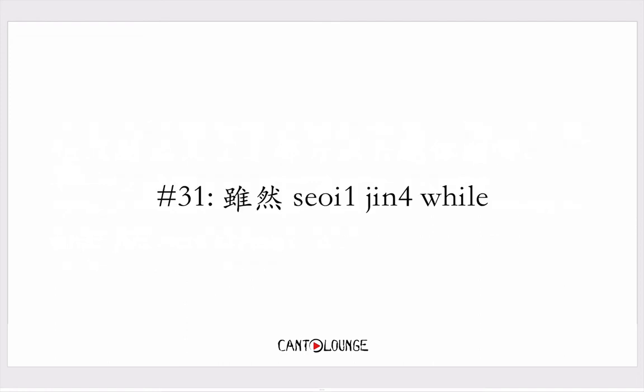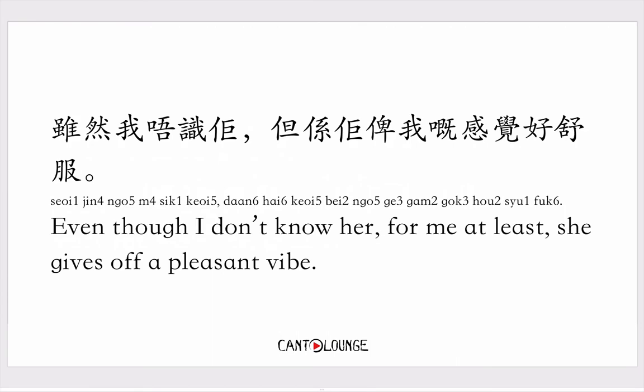Okay. Moving on. 雖然 while. So you might be commenting to a friend that, I don't know, maybe you met someone new and you're commenting 雖然我唔識佢, so it might be your first time seeing that person, 但係佢俾我嘅感覺好舒服.